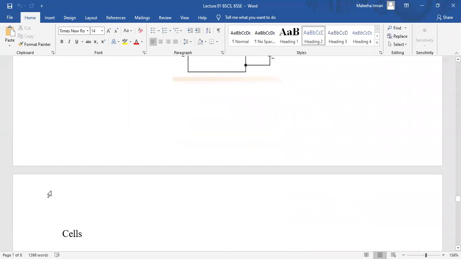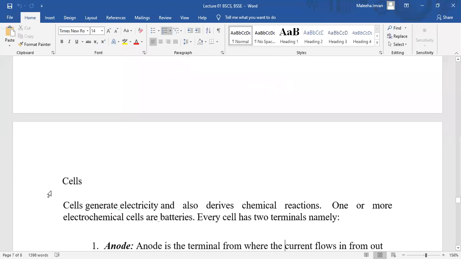The next, we have the cells. We have various types of cells. Here we consider the DC cells, in which the chemical energy is changed into electrical energy. So now we see how the cells can be arranged in different ways.